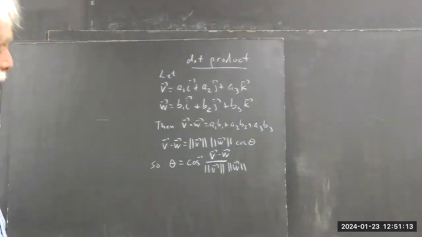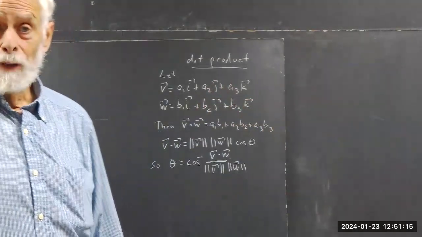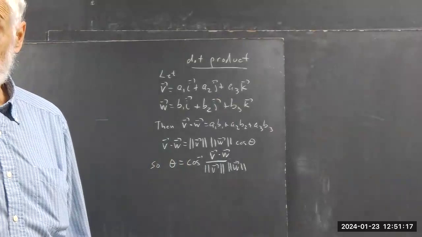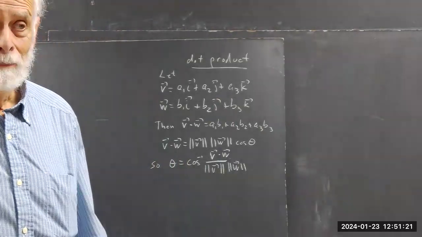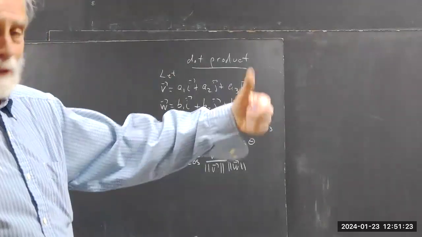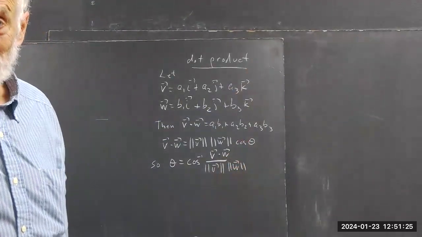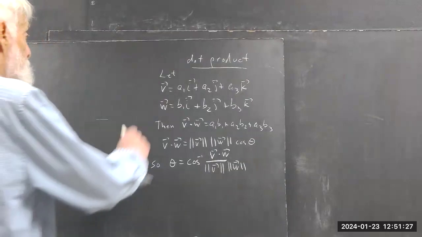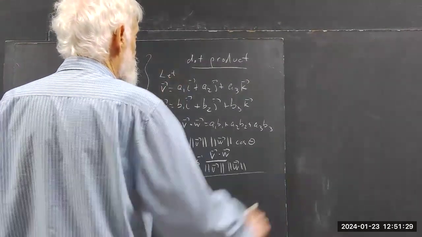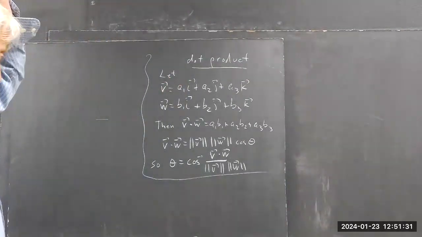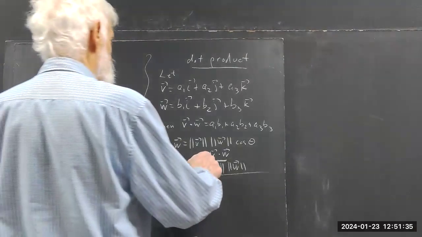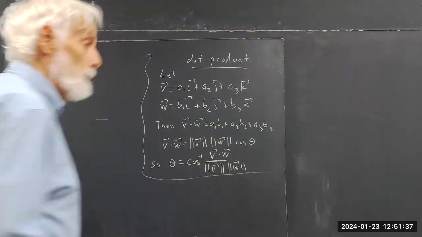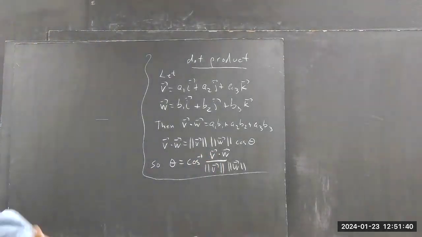And actually, you can extend this to any number of dimensions, and you will do that in linear algebra. In this course, we'll stick to 3 dimensions. And in advanced physics, you go to many dimensions. But for this course, we'll stick with 3, because some of the mathematics gets weird if you don't have linearity.